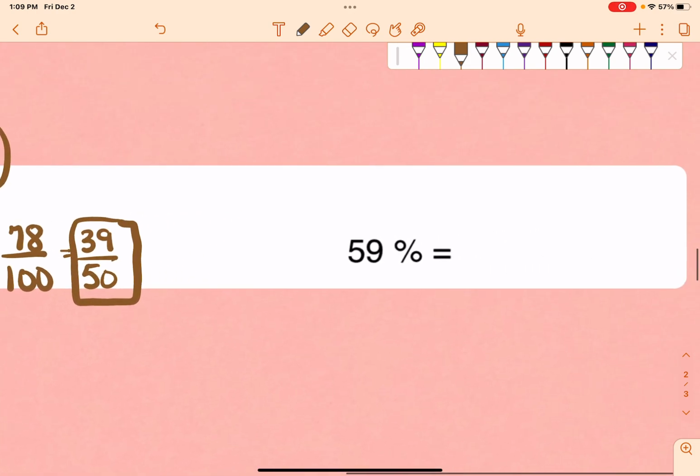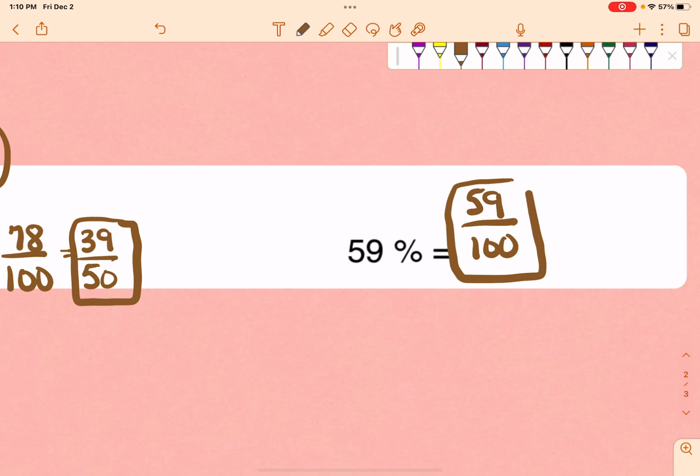Okay, last one we're going to look at from this section. So 59% is going to be 59 over 100. And if I put that in my calculator, it's not going to reduce anymore. That's going to be the final piece.